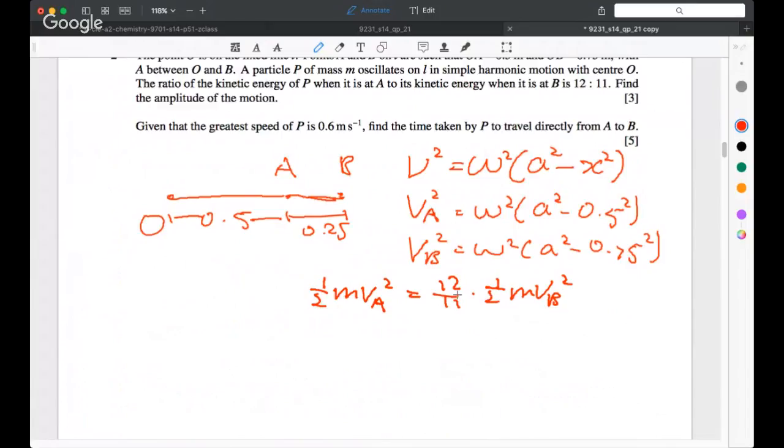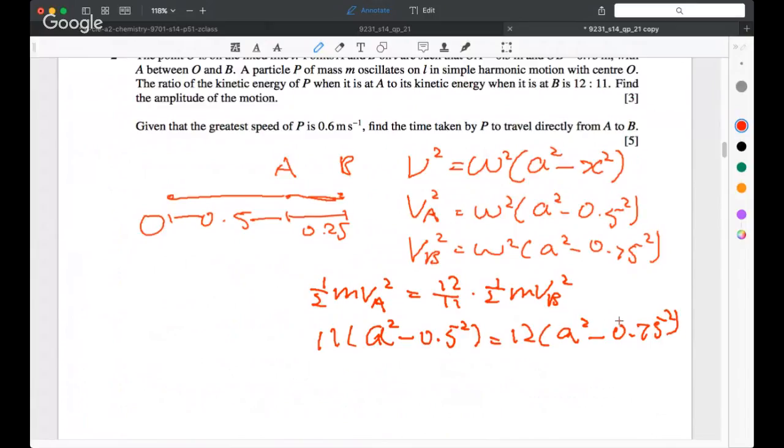And we can simplify that into 11 times (A squared minus 0.5 squared) is equal to 12 times (A squared minus 0.75 squared).